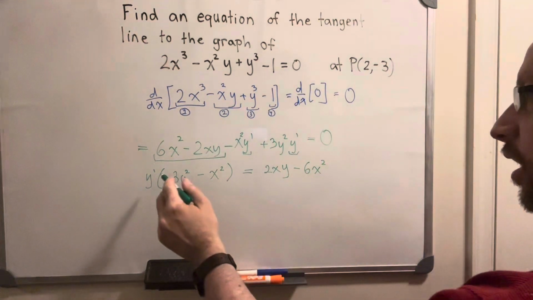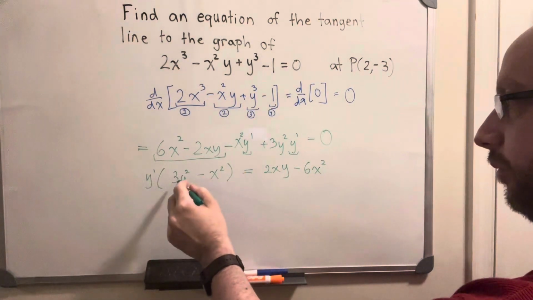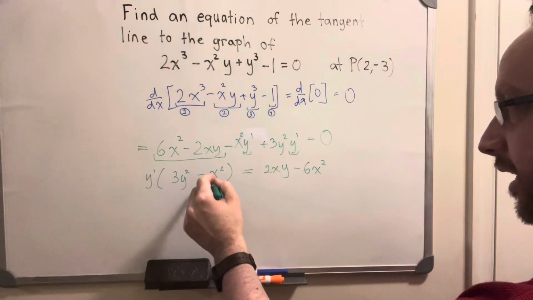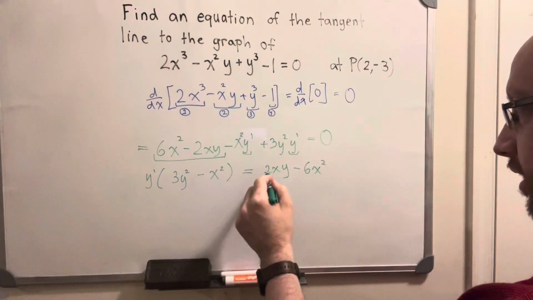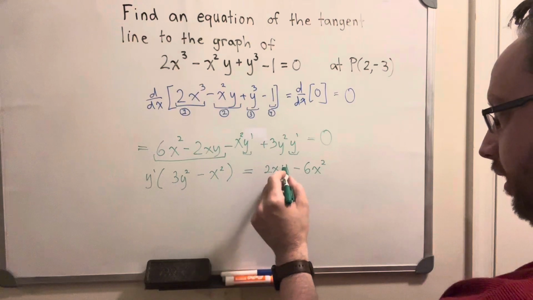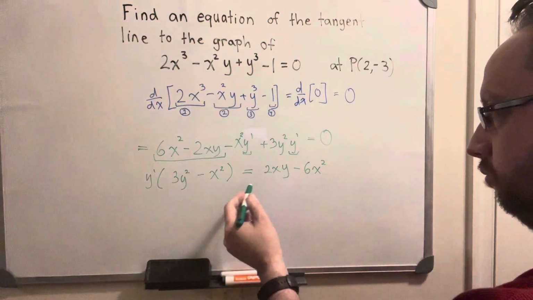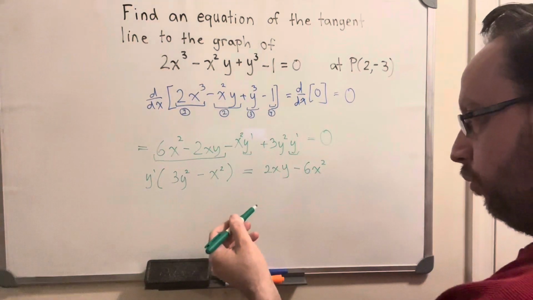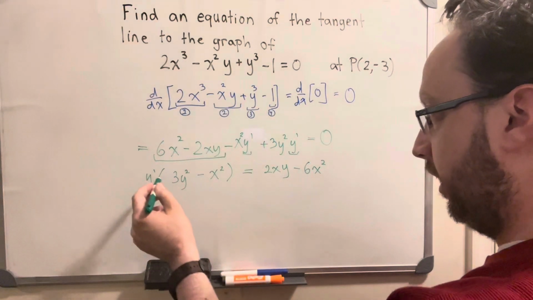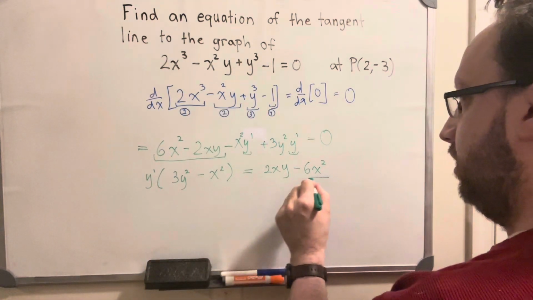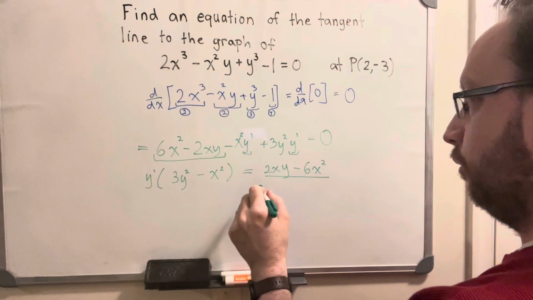Now we have y prime times the quantity 3y squared minus x squared equals 2xy minus 6x squared. Can you see what we would want to divide both sides by if we want to get an equation for y prime?